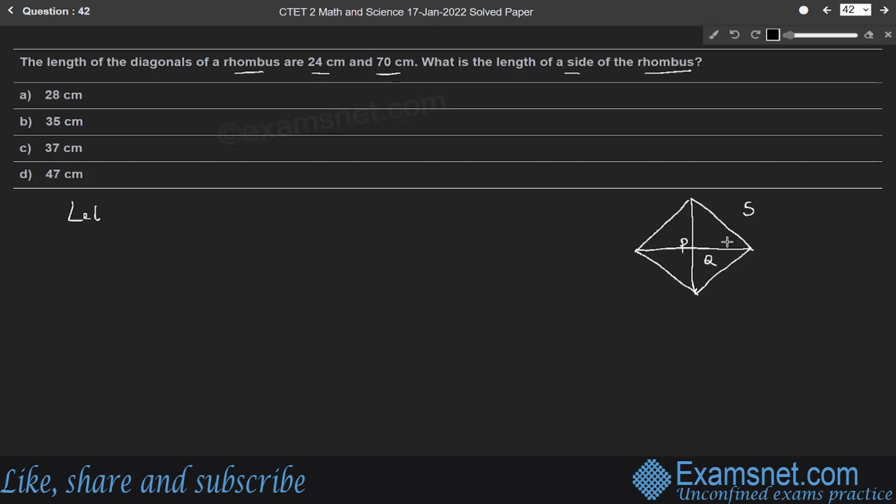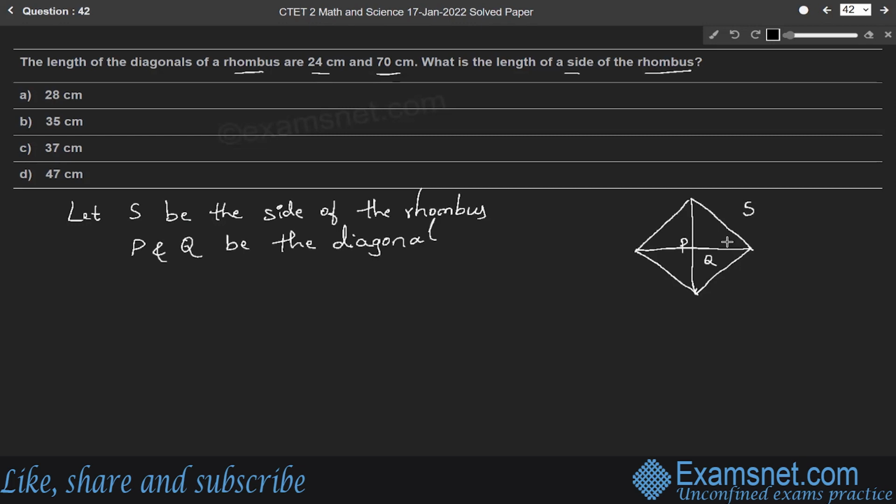So, let S be the side of the rhombus, P and Q be the diagonals. So given that P is 24, Q is 70. So I'll take P as 24 centimeter, Q as 70 centimeter. Okay.